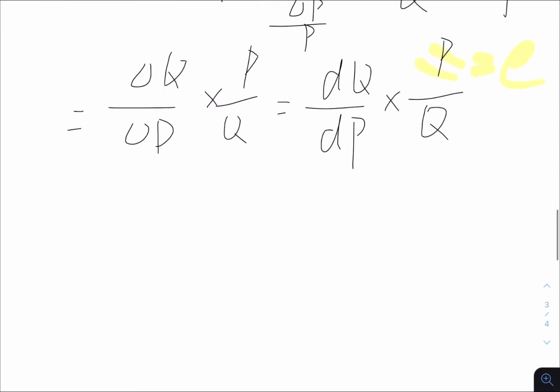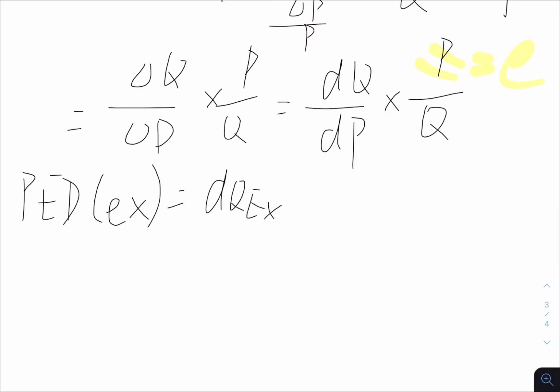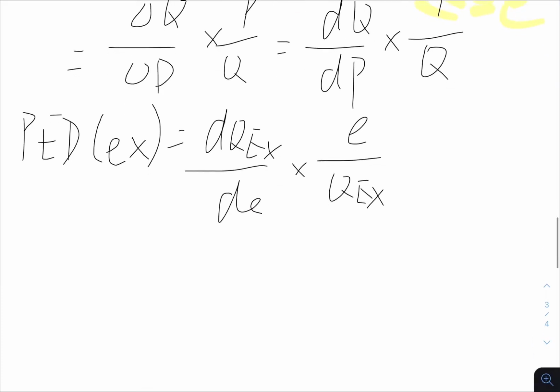So the PED of export equals this times this, to simplify this equation.